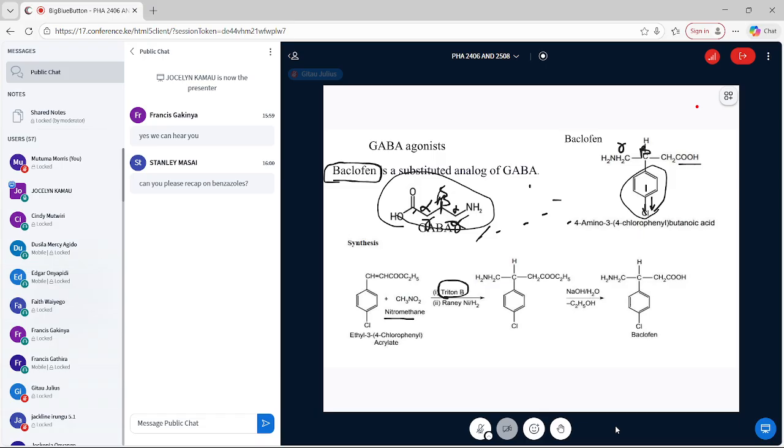So these compounds are acting as reducing agent and also as a catalyst for that reaction. As we have said, Triton B is a catalyst, whereas Raney nickel and hydrogen is a very potent reducing agent.